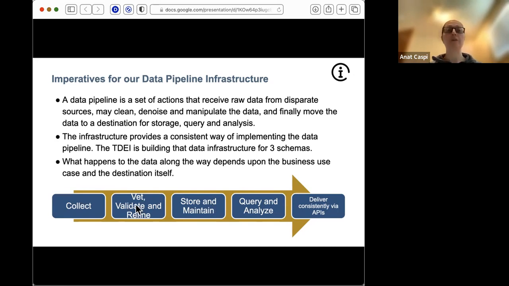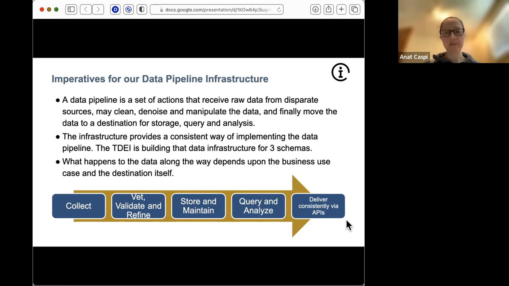So we want to support infrastructure that enables people to maintain up-to-date information. And we want to enable queries and analytics that allow people to really use the data, because if you don't use it, there's no point in maintaining it, and vice versa. If you don't maintain it, no users will use it. So it's kind of a feedback loop that we want to support.